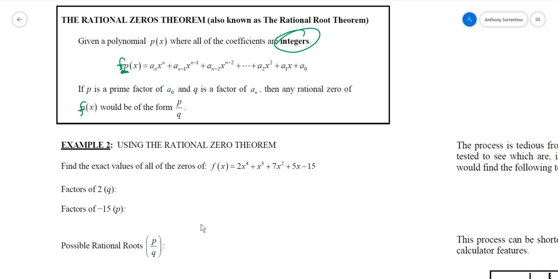We let p be a prime factor of a sub 0, which is the constant term, and q is a factor of a sub n, the leading coefficient. Then any rational zero of f of x would be of the form p divided by q.